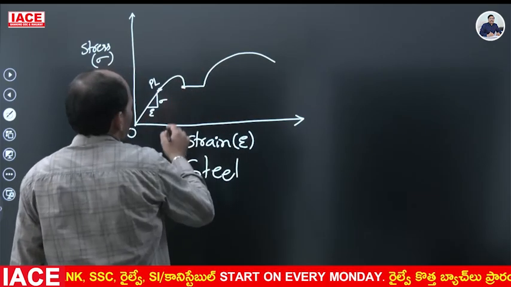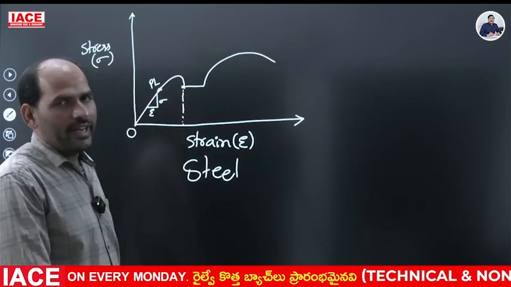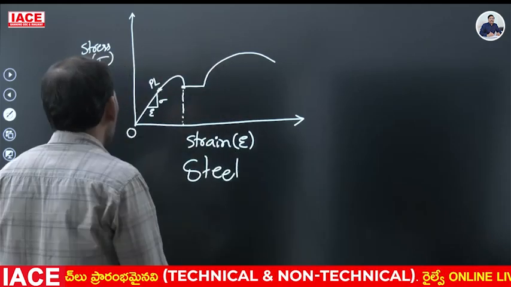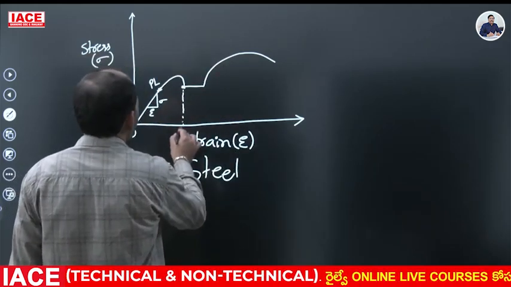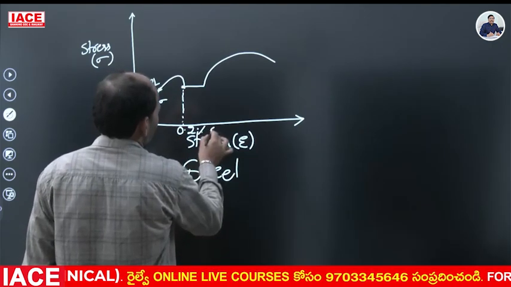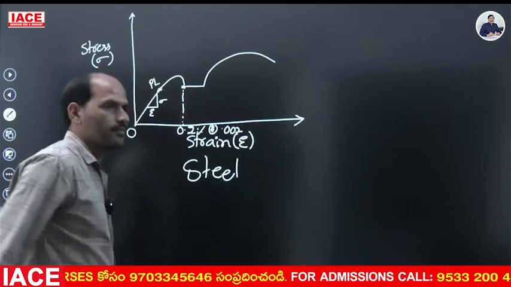and this is the lower yield point. At the lower yield point, the strain value is 0.2%, taken as 0.002.